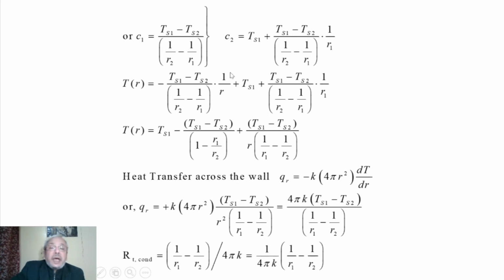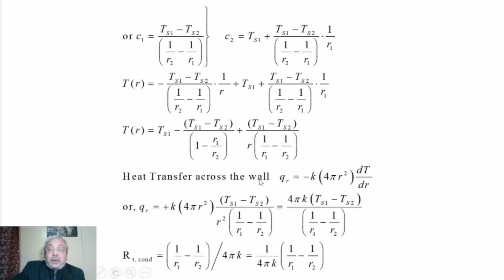We just rearrange the terms and we can write TS1 minus TS2 divided by 1 by R1 minus 1 by R2, into 1 minus R1 by R, plus TS1 minus TS2 divided by R into 1 by R1 minus 1 by R2. So this is the expression for temperature distribution.